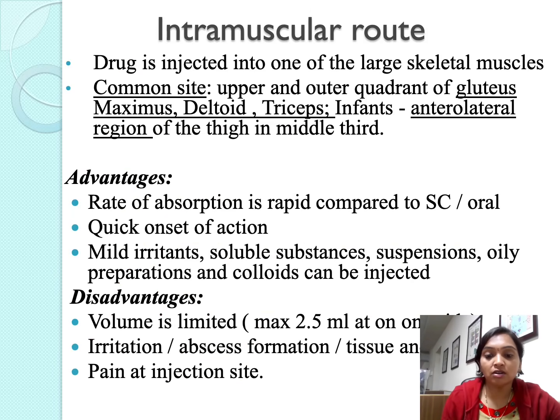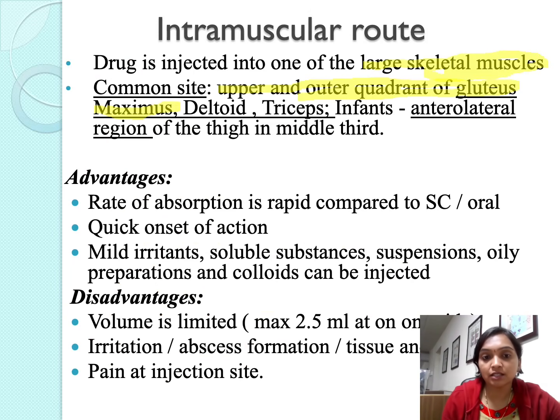So moving on to the next, that is intramuscular injections. As the name suggests, it is into the muscle. Large skeletal muscles are usually chosen for these injections. The most common site is the upper outer quadrant of the gluteus maximus, as we all know. So the gluteus maximus is the most commonly preferred site.